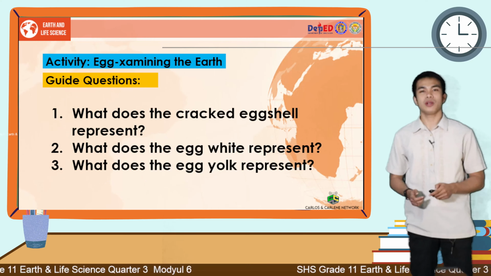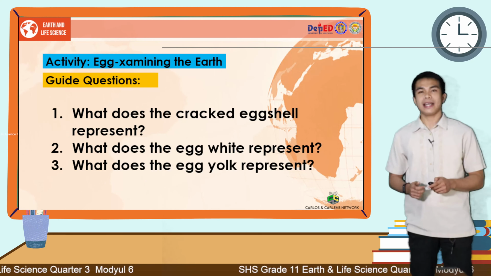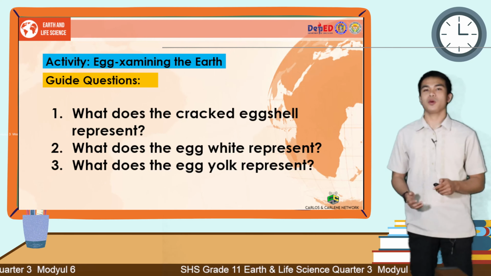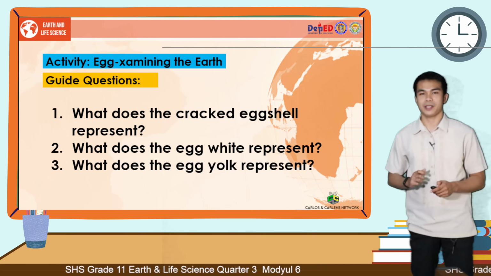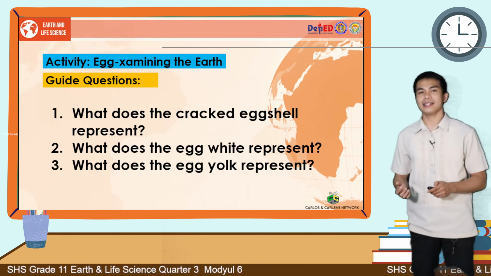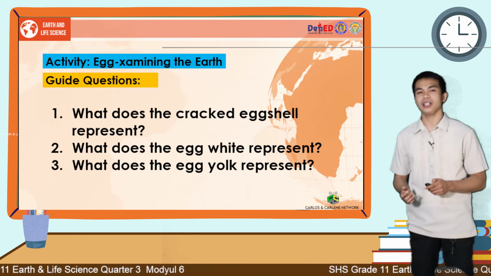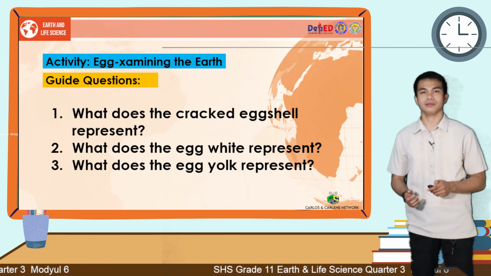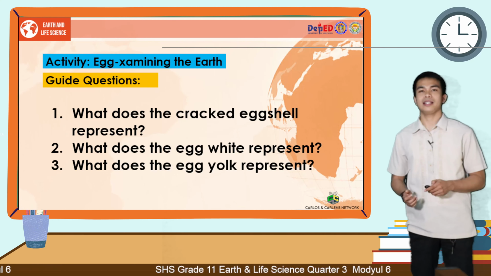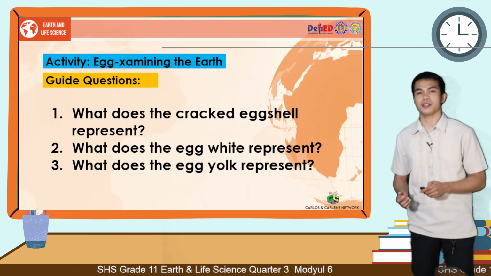Okay, so we are being guided by these questions. What does the cracked eggshell represent? Second, what does the egg white represent? And then the third, what does the egg yolk represent? Okay, let's go over these illustrations.